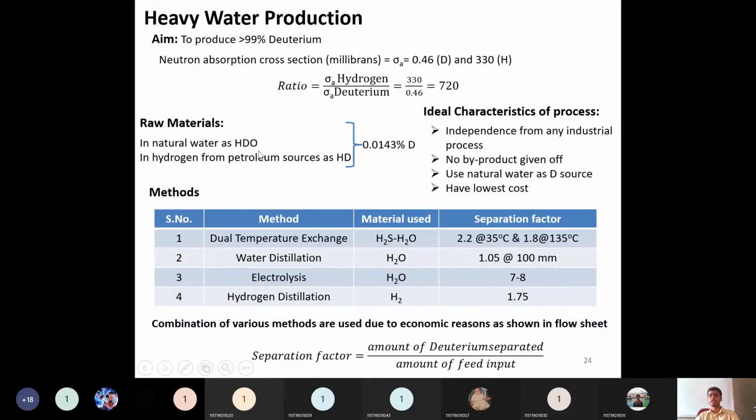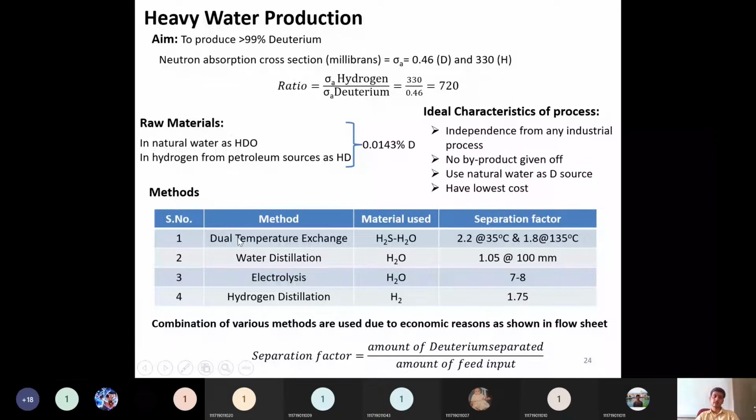In both sources it is present in a very minute fraction, 0.0143. So there are four methods to separate or concentrate this fraction of deuterium to 99 percentage.